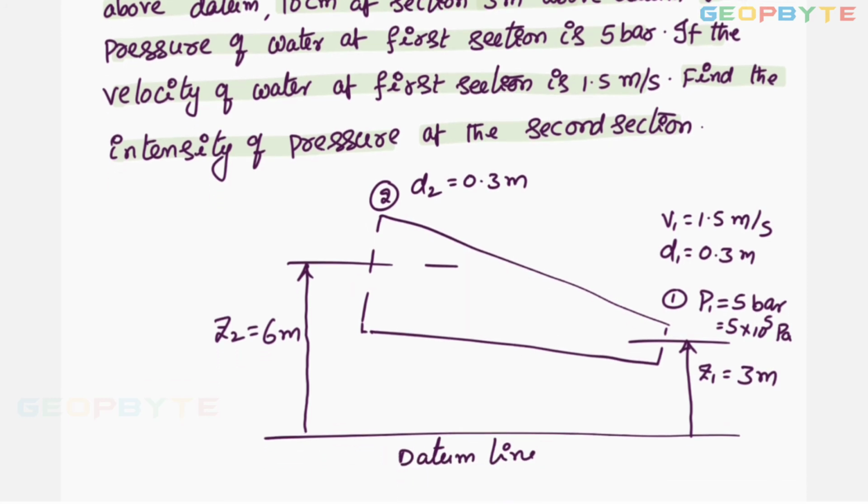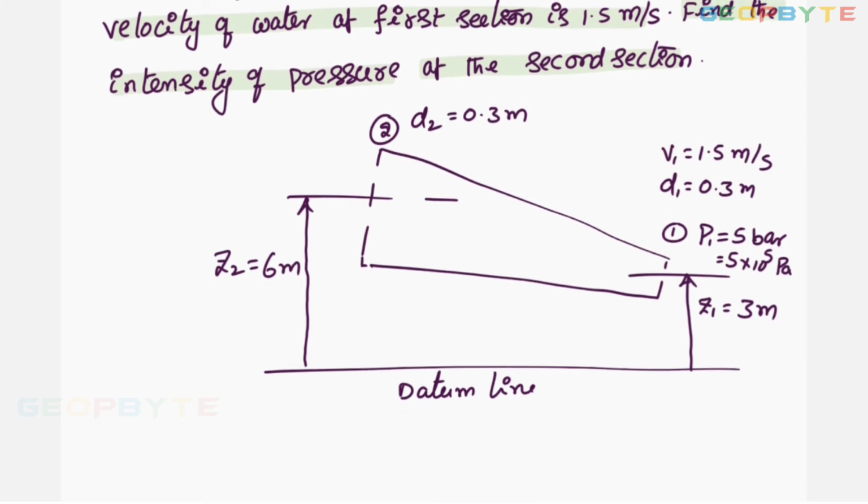Now let us find A1. A1 equal to pi by 4 into D1 square, pi by 4 into 0.3 square. Simplify this value for getting 0.07 meter square.